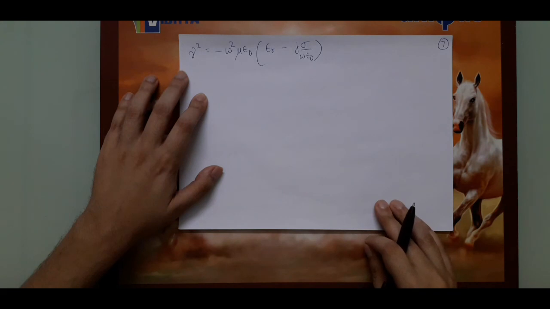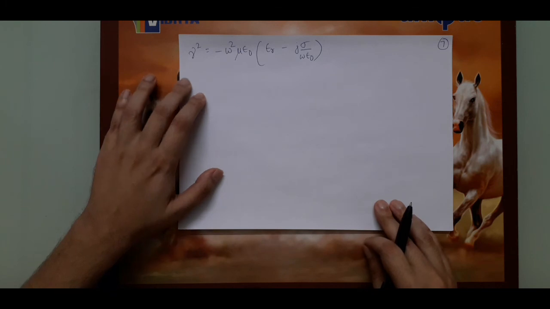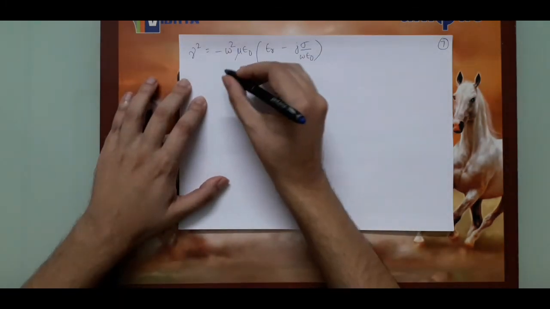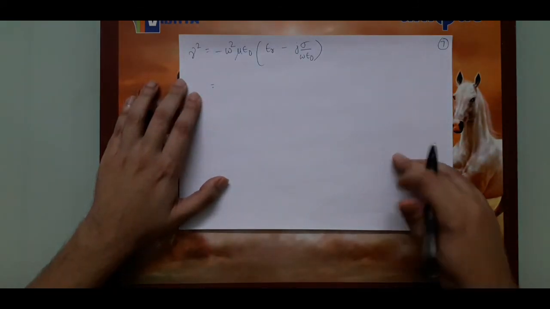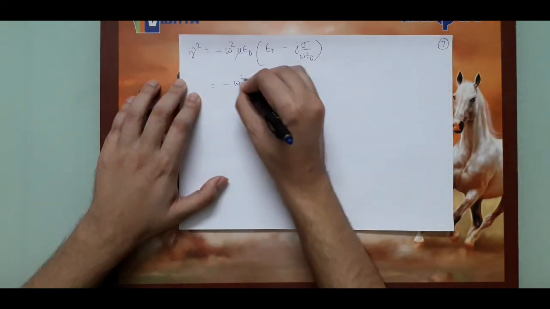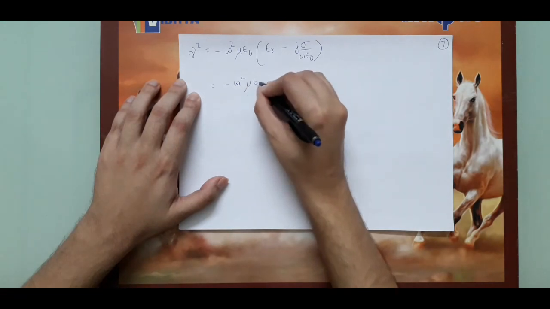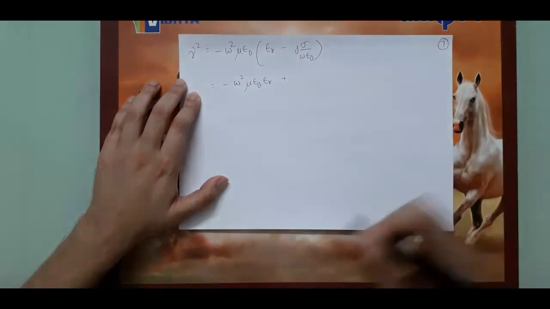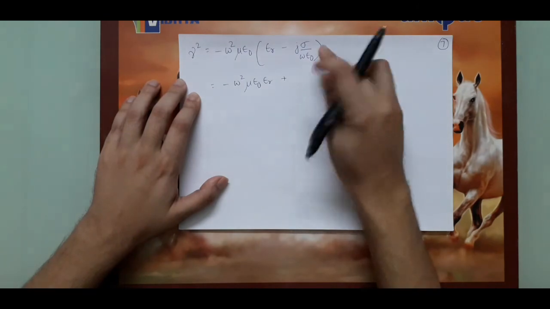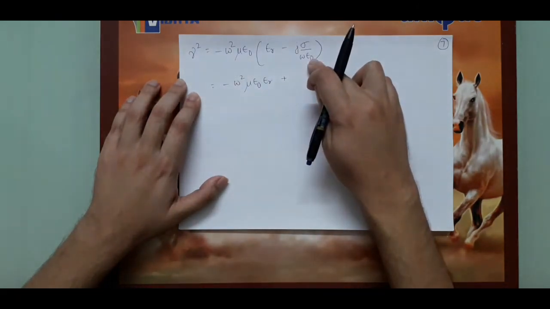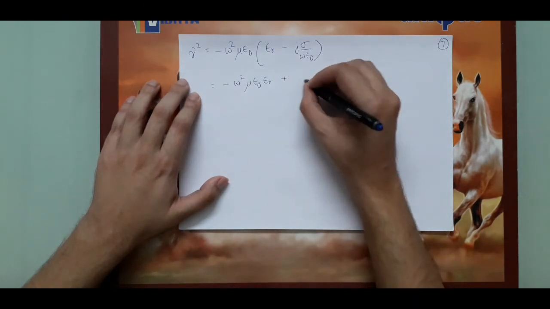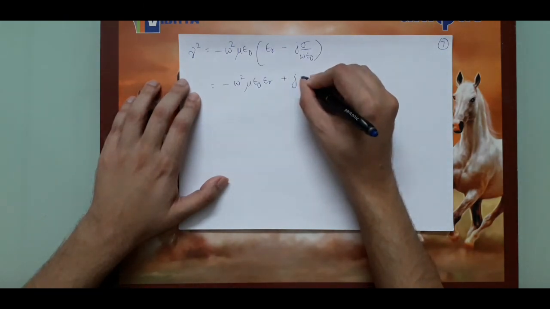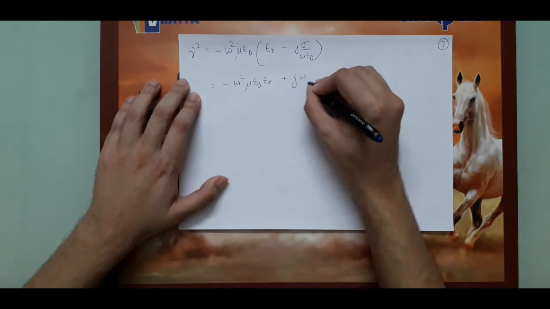We can rewrite this by opening the bracket, and what we will get is minus omega square mu epsilon 0 epsilon r plus, this epsilon 0 will cancel out and even the omega will become the power of 1, so we will get j omega mu sigma.